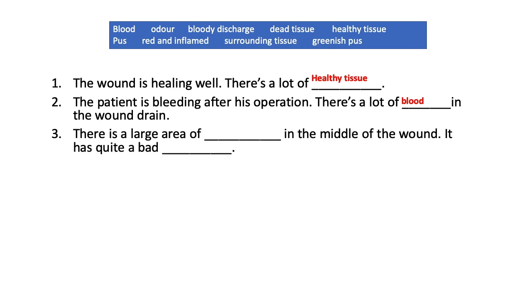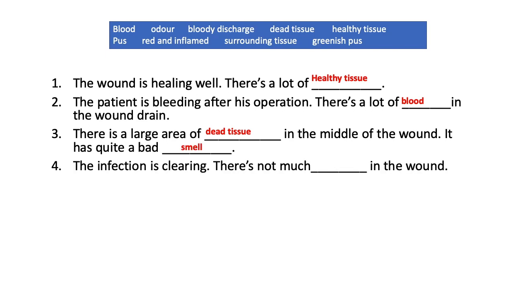The third question is, there is a large area of blank in the middle of the wound. It has quite a bad blank. So the first space, we would say there's a large area of dead tissue in the middle of the wound, and it has quite a bad smell.